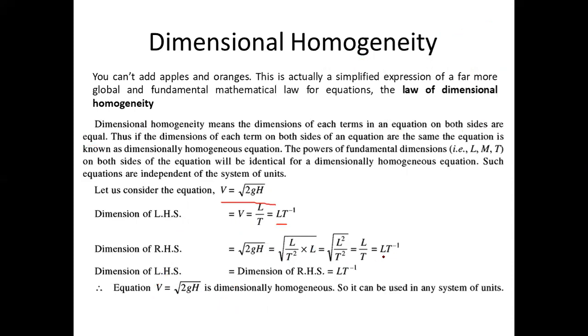If you simplify again, for √2gh the fundamental dimension is LT^-1, and the fundamental dimension of velocity is also LT^-1. So LHS is equal to RHS, and this relation is correct. Whenever the fundamental dimensions of LHS and RHS are the same, I can say it is dimensionally homogeneous, or it holds dimensional homogeneity. This is what dimensional homogeneity means, which we discussed in the last class.